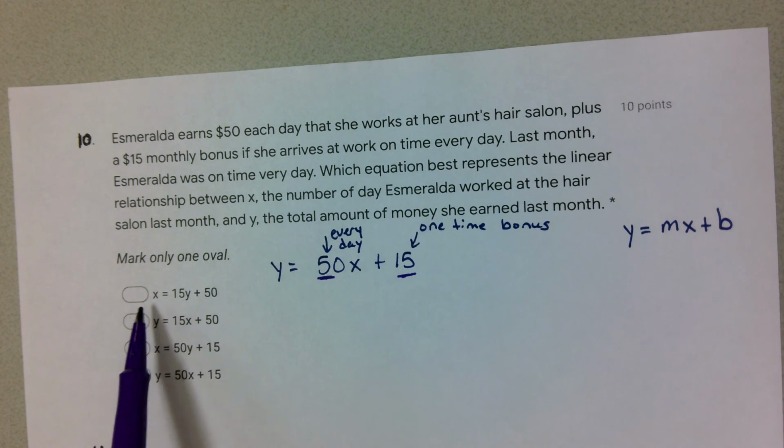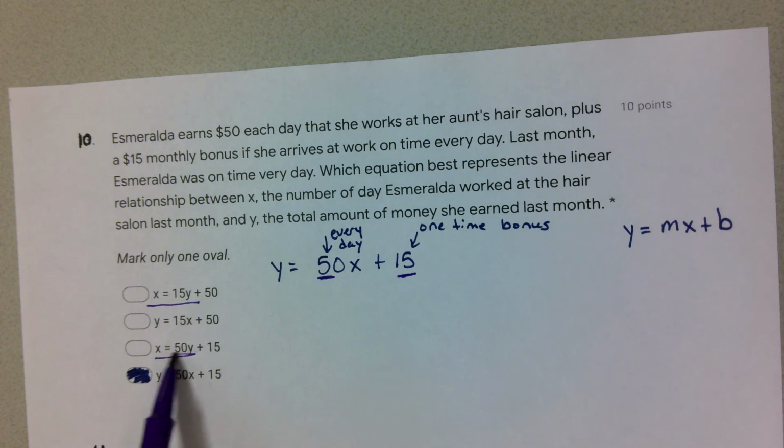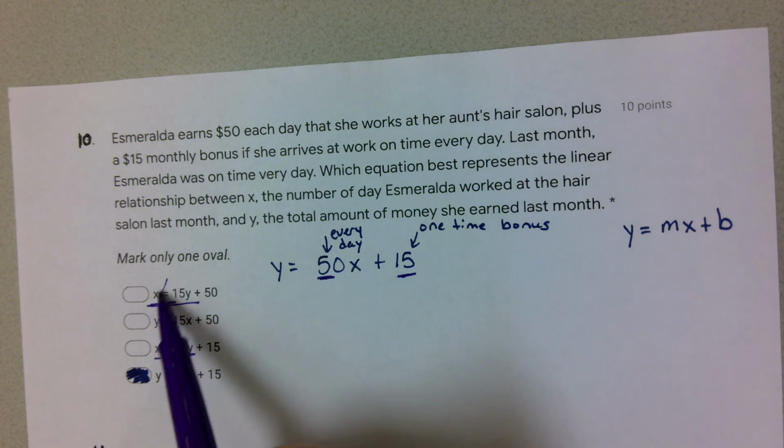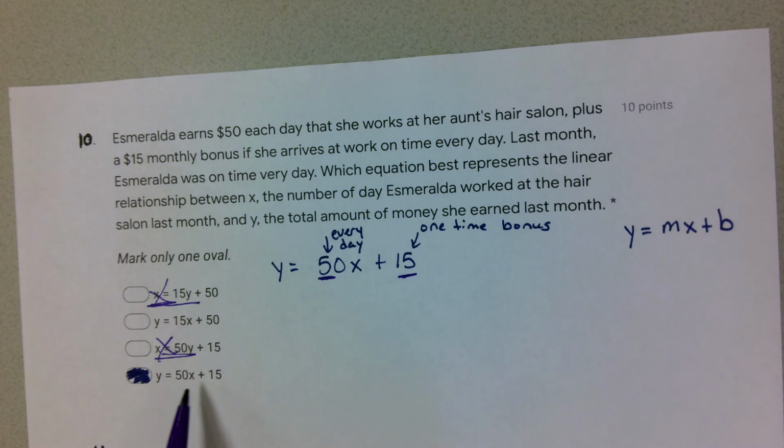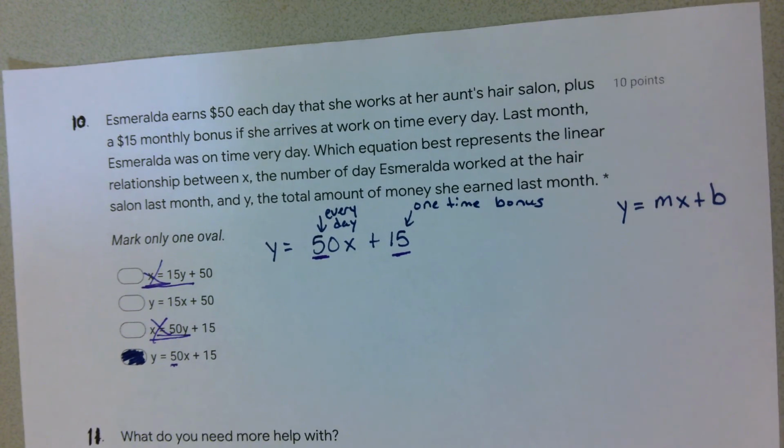Then I'm just going through here. This is not in the right form, and this is not in the right form. It should be y equals. So that was easy to say, nope, those can't work. Then I just need to make sure that I know which one I'm going to get per day. Sorry, it was per day. I said month earlier. So $50 every day, and then $15 once for being on time every day. So D was your answer.